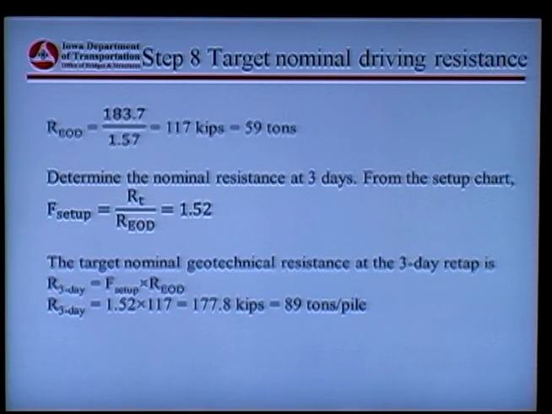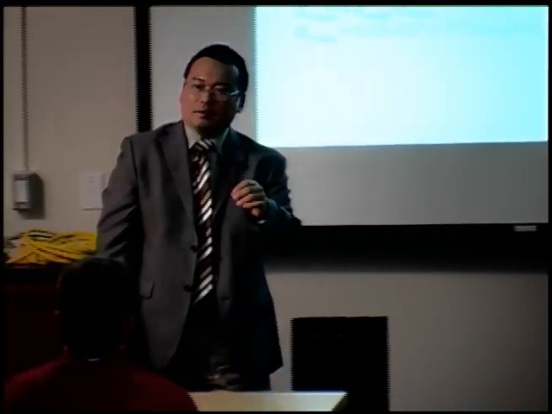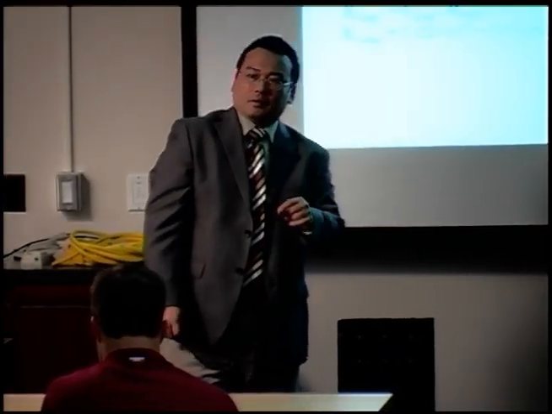Now the question is, what will be the driving resistance required at the retap at 3 days? Will it be the same, 59 tons? Will it be the same? This is at end of driving. But at 3 days you had gained quite an amount of setup capacity. So we've got to calculate the target driving resistance at 3 days, right?